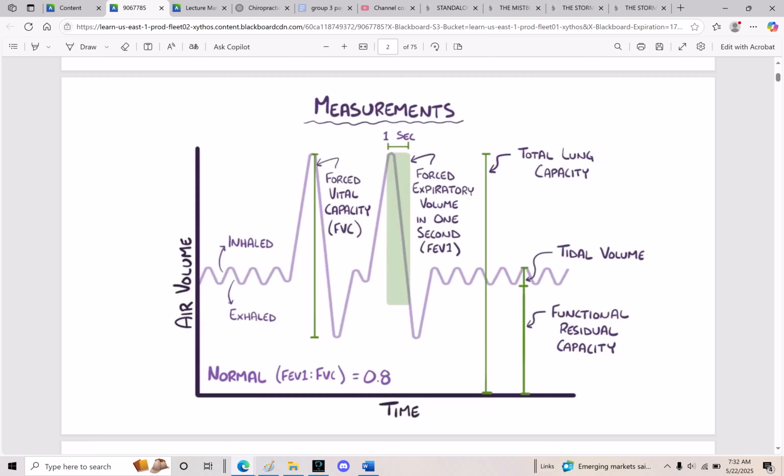If you look here carefully, you can see it encompasses the tidal volume plus inspiratory reserve volume plus expiratory reserve volume. That's your forced vital capacity. Very important.